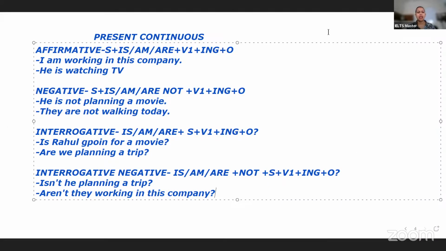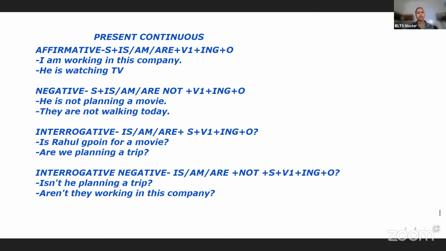If I say the last one, that is present perfect continuous. This is the last one, and then we'll do some exercise. Okay, present perfect continuous.